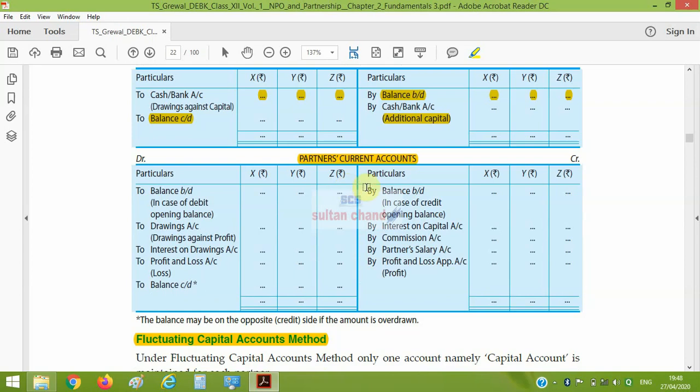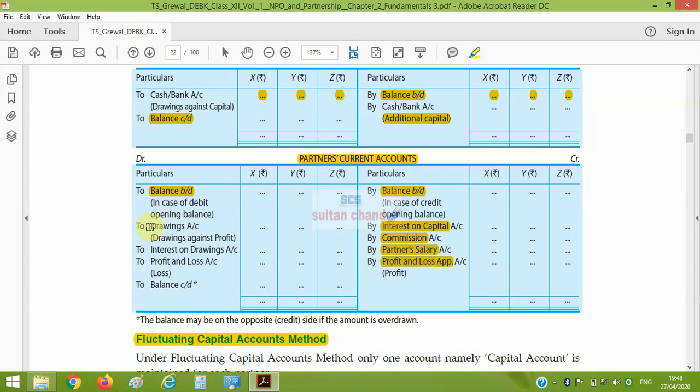The partners' current account starts with balance brought down if they have a credit balance, and balance brought down if they have a debit balance, and all entries except addition and withdrawal of capital will be done under the partner's current account. For example, on the credit side: interest on capital, commission given to partner, partner's salary, and any share of profit under the profit and loss account.